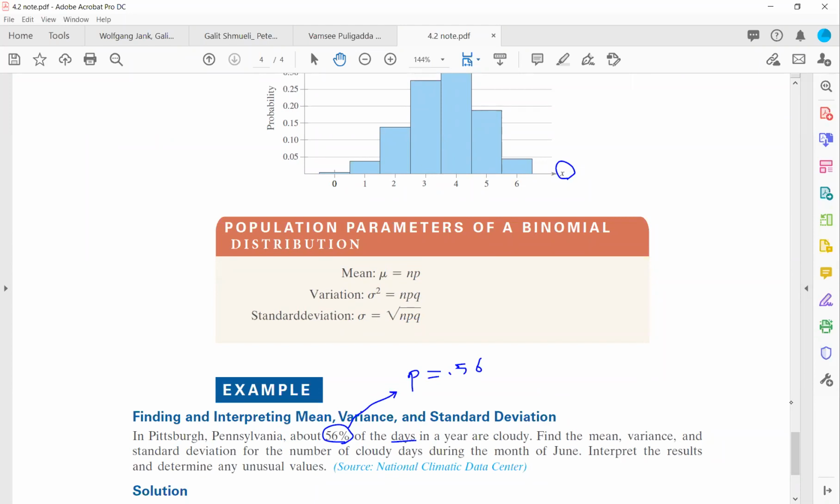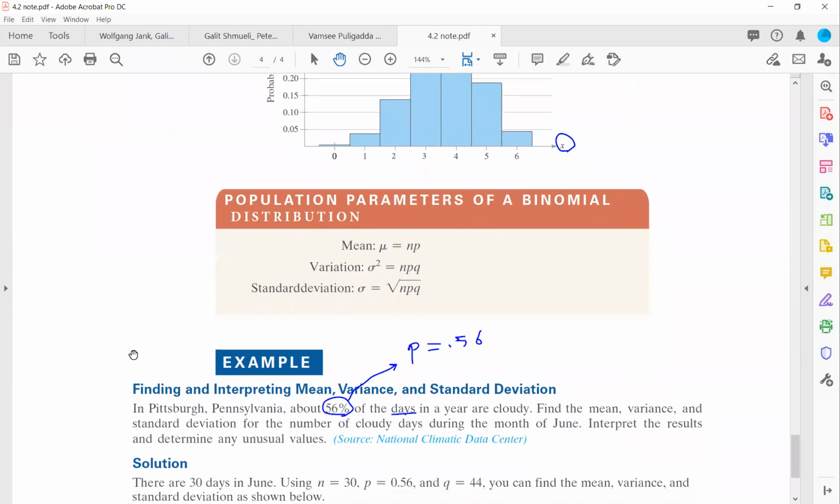Find the mean, variance, and standard deviation for the number of cloudy days during the month of June. Okay, month of June. How many days are in June? What is my N? N, the number of days in June, is going to be 30.